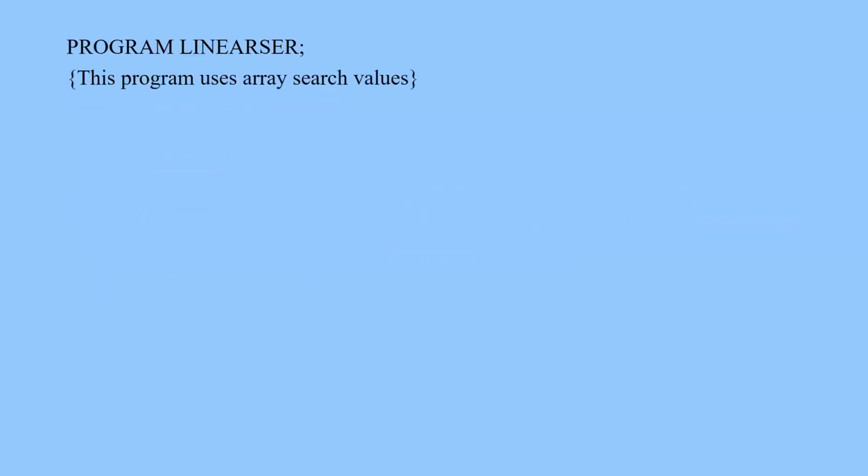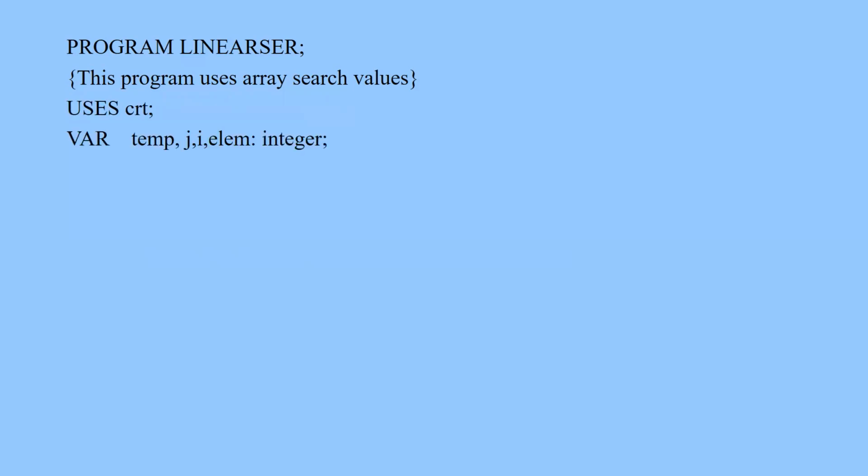So the following is a sample Pascal program implementing this search technique. Our program is called linear search. This program uses an array search values. This is for performing the functions that will manipulate the screen, like clearing the screen.